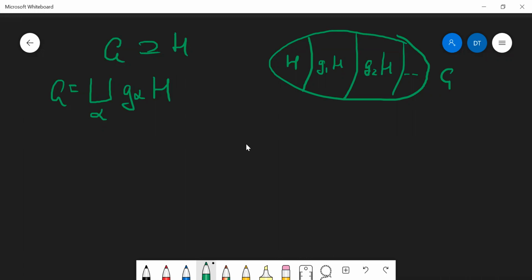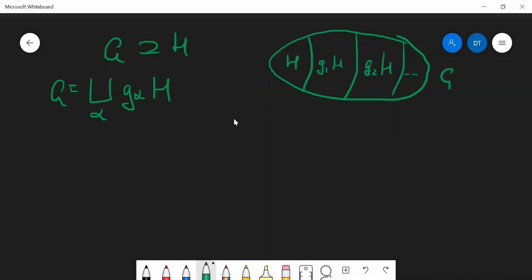And the second claim, well, if H is a finite subgroup, then all these cosets have the same amount of elements as the group H itself.